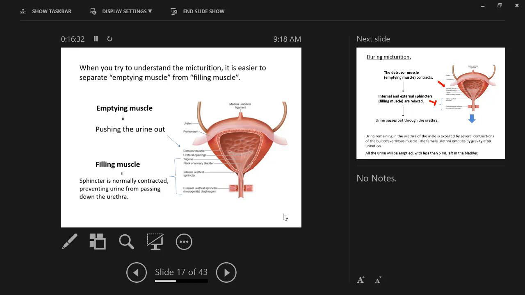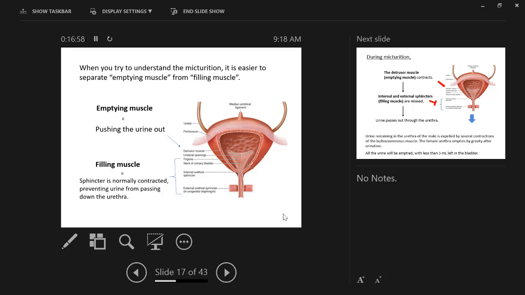The emptying muscle, of course, is the muscle that squeezes the bladder, in this case the detrusor muscle, pushing the urine out here. The rest is more like a filling muscle, because those sphincters are just a stopper of the urine, and under normal conditions they are a little bit tense. Tension is there so that the urine cannot come out.